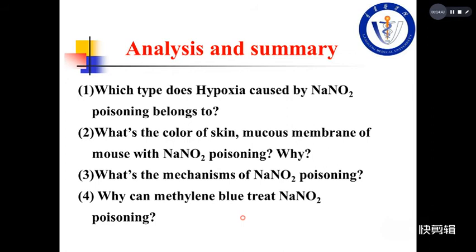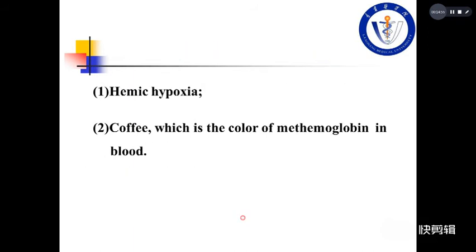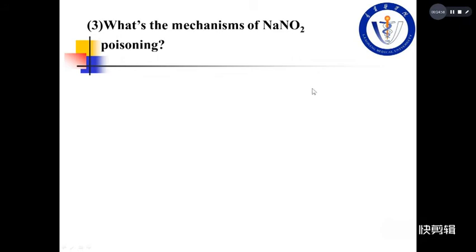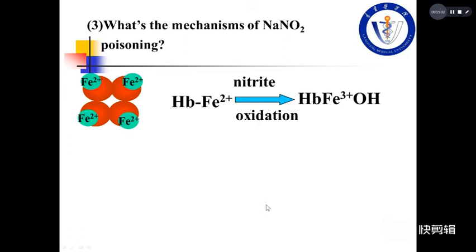Now the first: nitrate poisoning belongs to chemical hypoxia. What's the color? We know, coffee. What's the mechanism of nitrate poisoning? It includes 2 parts. The first: hemoglobin can carry oxygen. Which carries oxygen, the ferrous state or the ferric state?